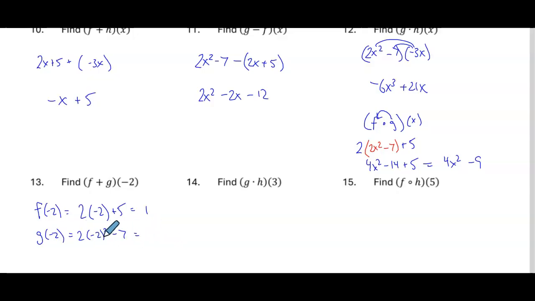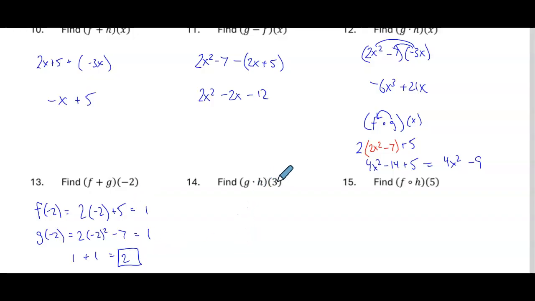So -2 squared is positive 4, times 2 is 8, minus 7 is 1. I'm supposed to add the results, so 1 plus 1 equals, oh jeez, I just wrote -2 there, equals 2. Okay, so if you're given a number, solve each part separately, and then go and write your final answer.